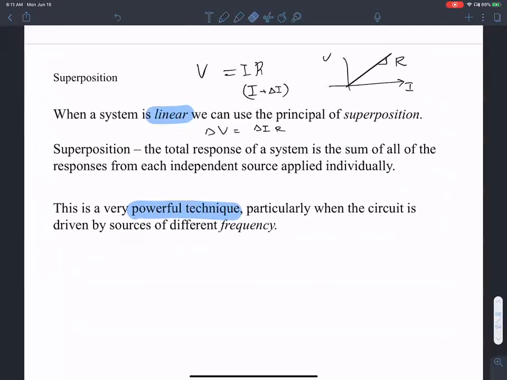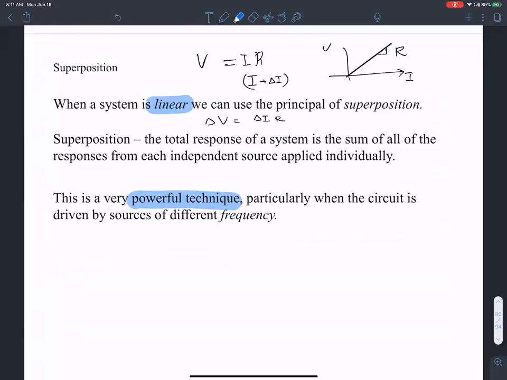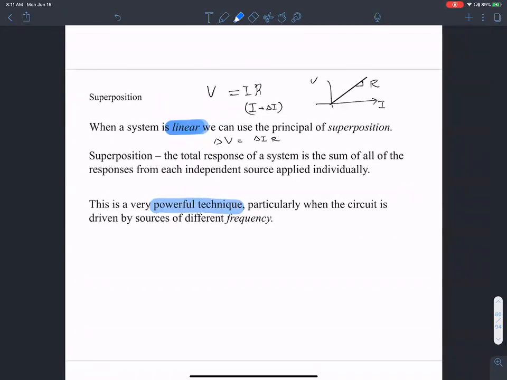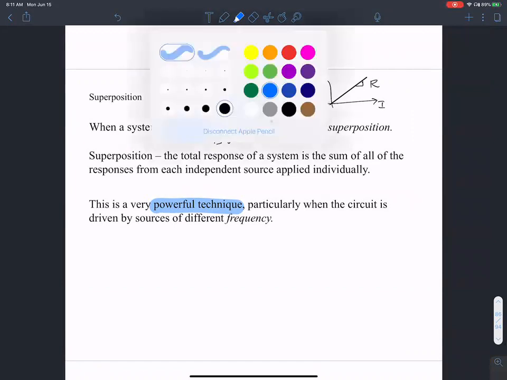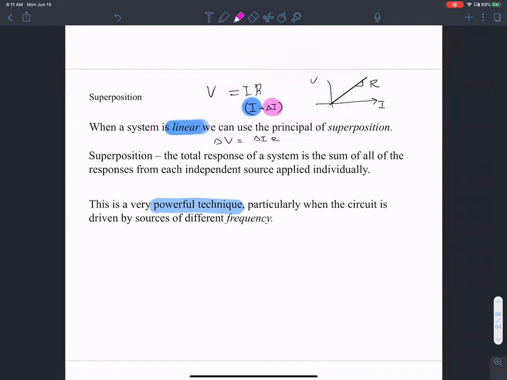Let me keep it in simple terms. The idea is that when we have a linear system, we can apply superposition, meaning that I can calculate the effect of one input, calculate the effect of the second input independently, and add them together.